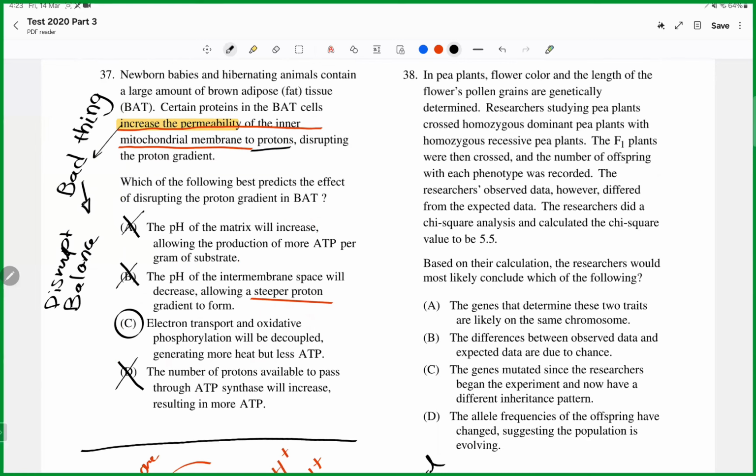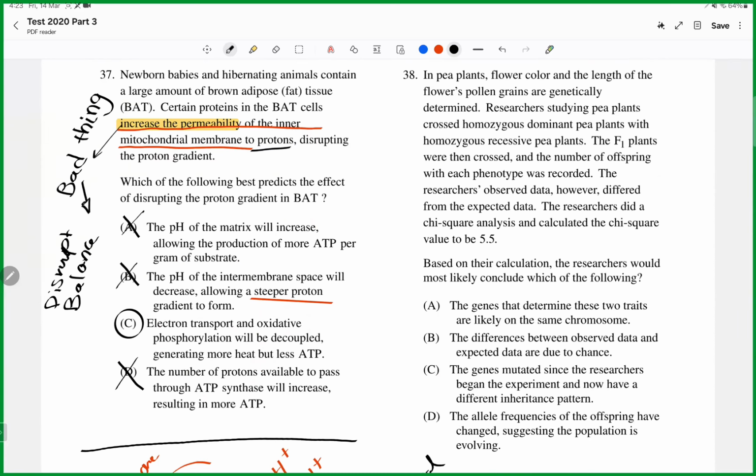In pea plants, flower color and the length of the flower's pollen grains are genetically determined. You know what that means? The environment is not responsible for them. We're studying homozygous dominant pea plants with homozygous recessive pea plants.